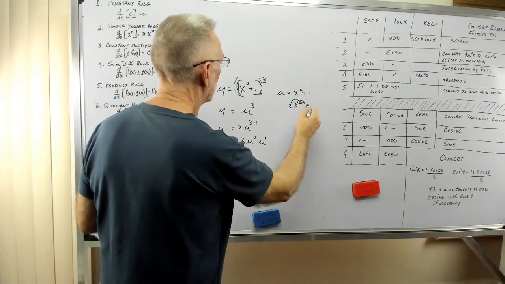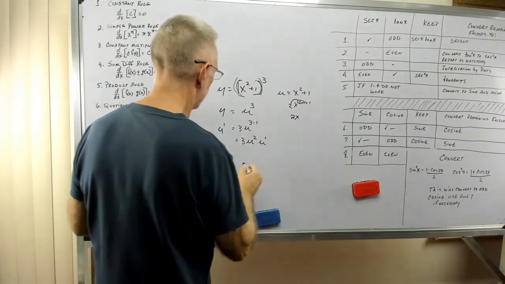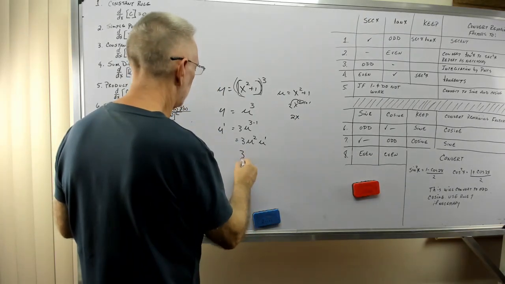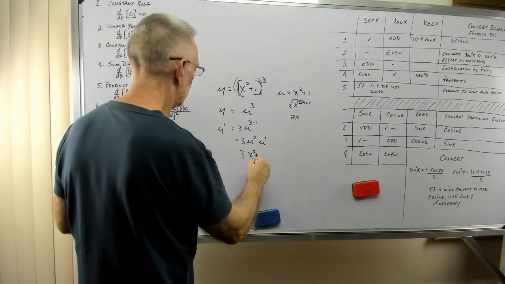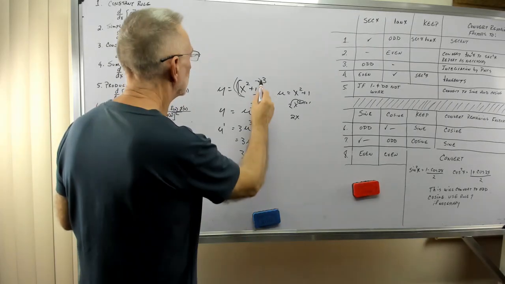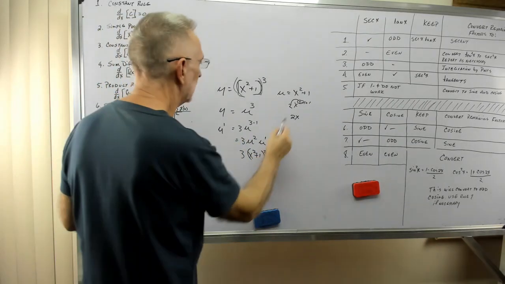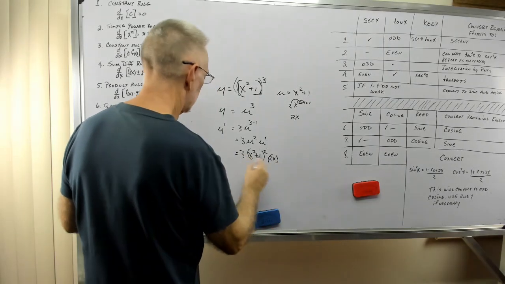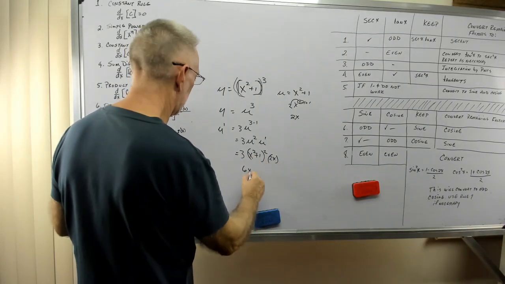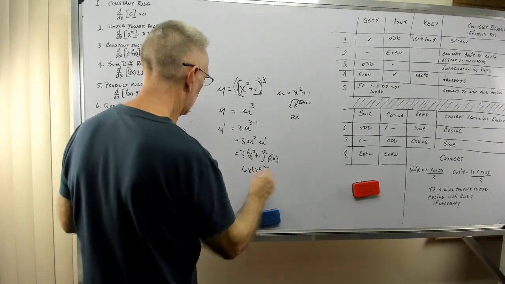X to the 2 minus 1, which is just 1, so it's 2x. So I would have 3u, x squared plus 1 to the 3 minus 1, which is 2, times u prime, which is 2x. So this would equal 6x times x squared plus 1 squared.